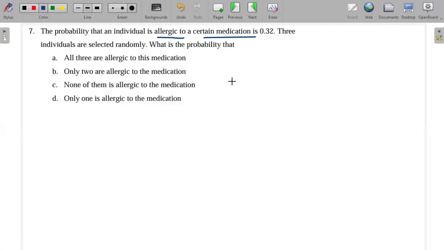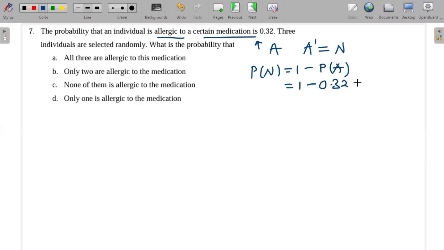So we still use the complement rule here, right? This is the probability of being allergic. So let's say allergic is the event A, and the complement of this event can be A complement, but here let's just represent it as N, or not allergic. So A complement is the same as not allergic. If I want to find the probability of the complement, which is just N, it will be 1 minus the probability of the event A. So this will be 1 minus 0.32, and this will give me 0.68.